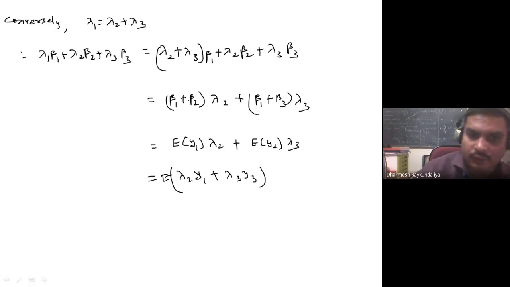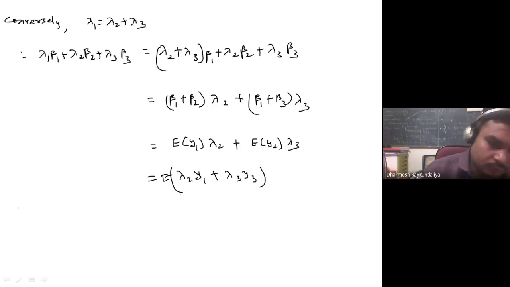Why? Because expected value of y1 is beta 1 plus beta 2 and expected value of y2 is beta 1 plus beta 3. So I can replace with this expected value of y1 and this expected value of y2. Then lambda 2 and lambda 3 are constants, so I can take them inside. So this is saying that this is the expected value of this quantity. Okay.